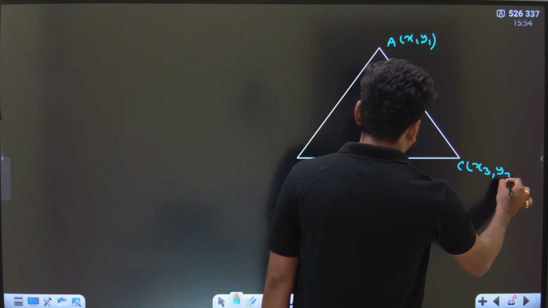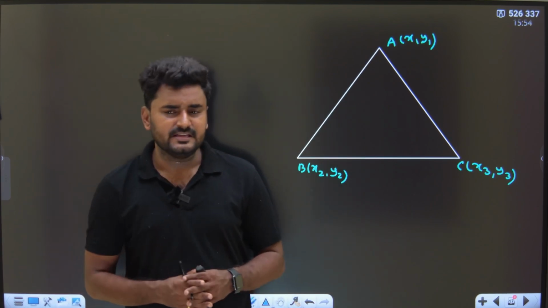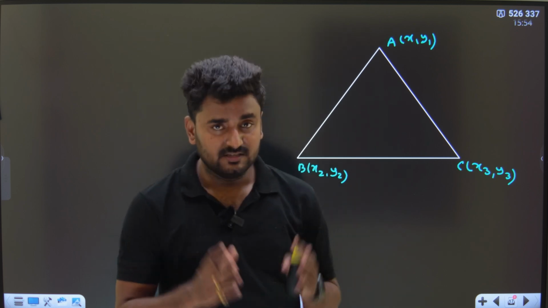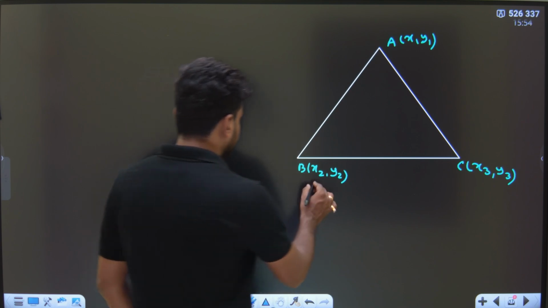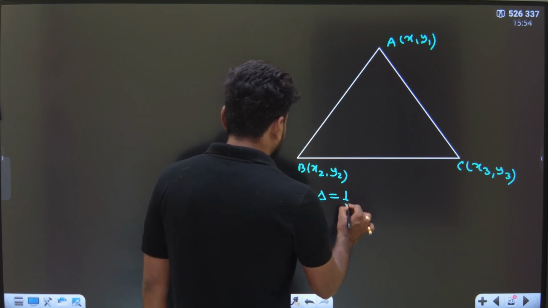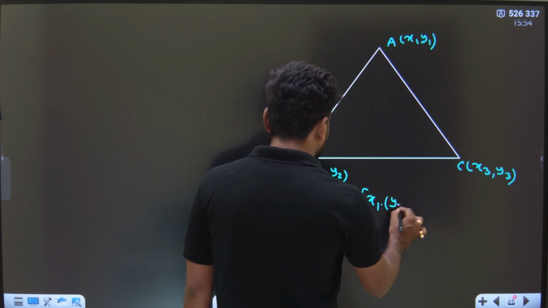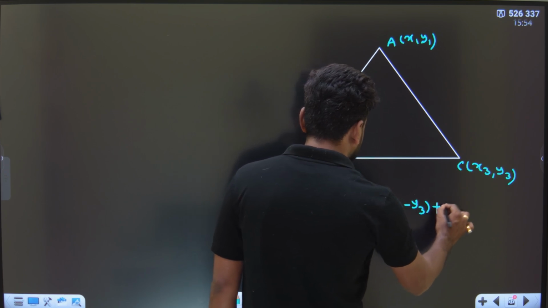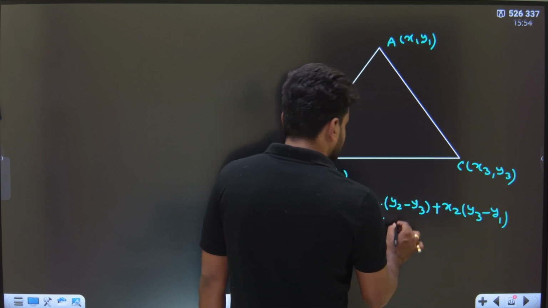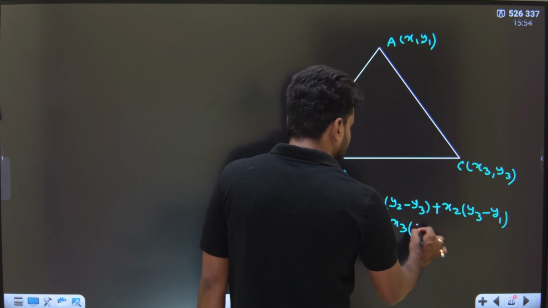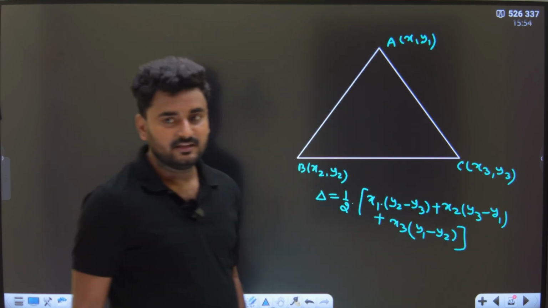Now I want to find the area of this triangle. This is very easy and you have already discussed it in class 10th or previous classes. The area of the triangle will be equal to 1 by 2 of x1(y2 minus y3) plus x2(y3 minus y1) plus x3(y1 minus y2). This is our area of triangle ABC.